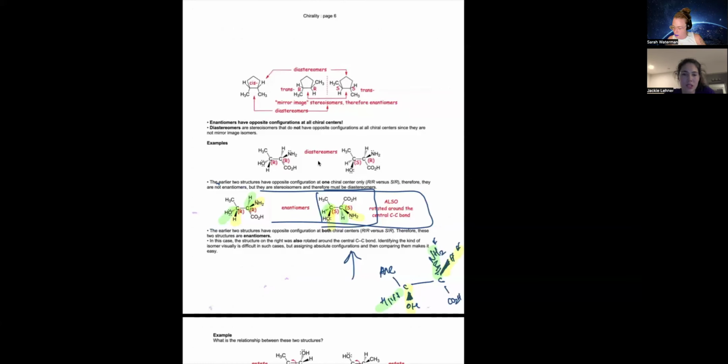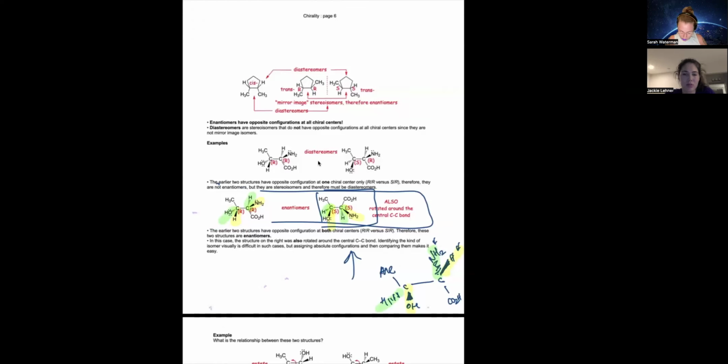Just say we rotated the single bond. Maybe this is a wrong understanding on my part, but I thought that if you rotated that, then the hydrogen, which is currently down, would be up.